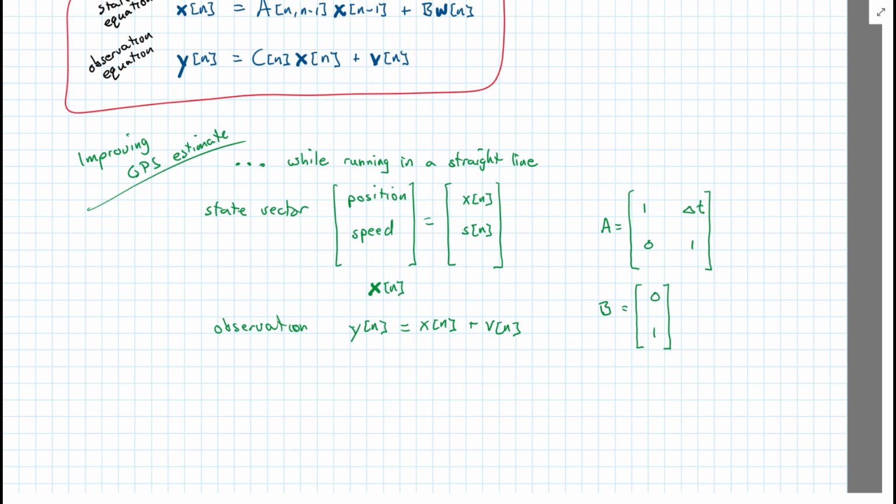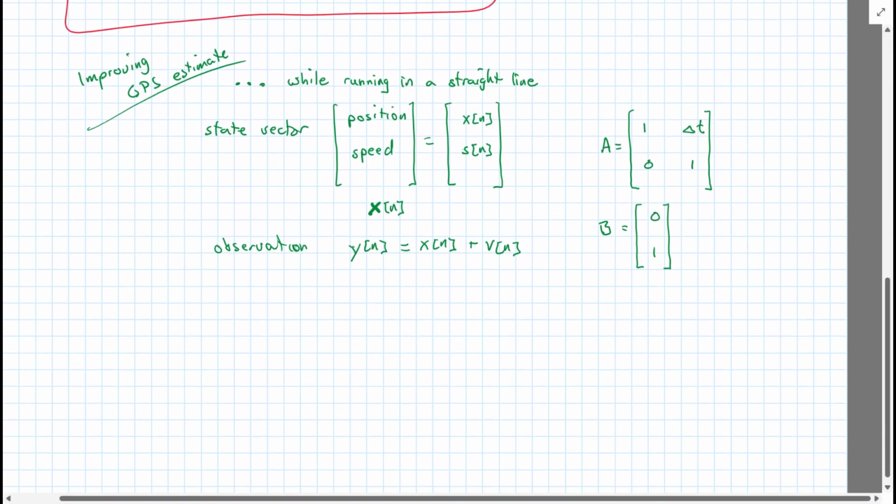In other words, there's no noise that's going to teleport me around, but it is possible for my speed to change. And so B will indicate then that there's noise on the speed. In other words, I can change the speed in some arbitrary way. And since it's arbitrary, we're going to call it noise.